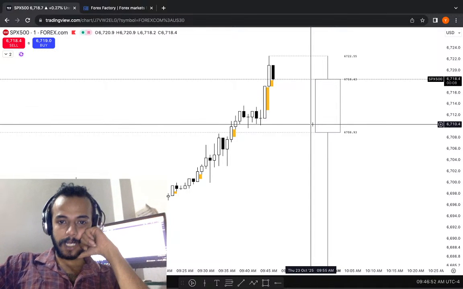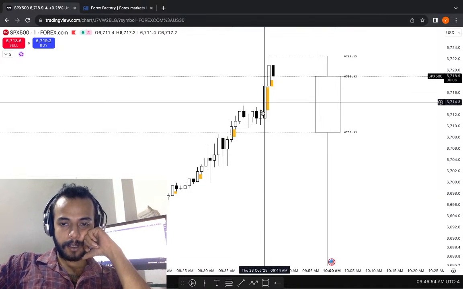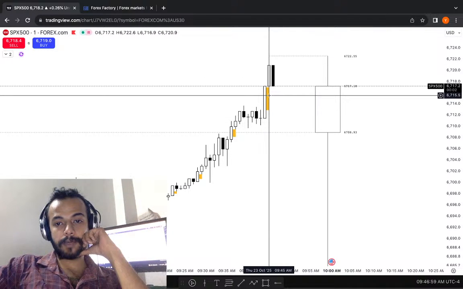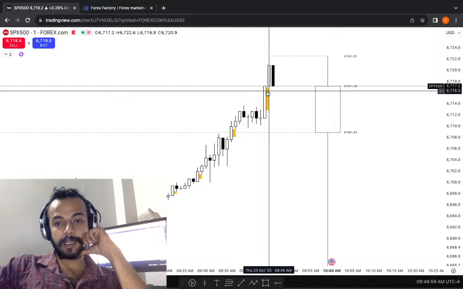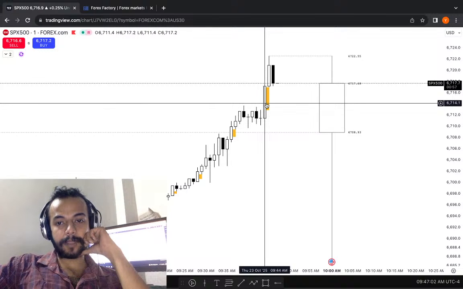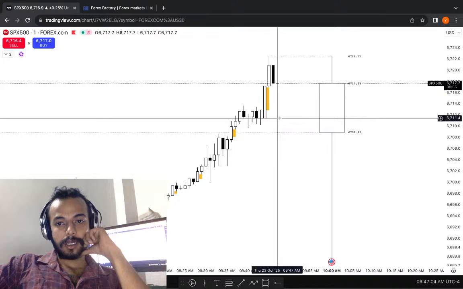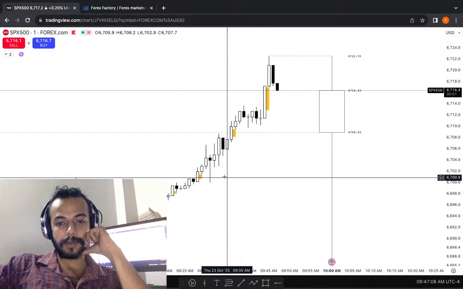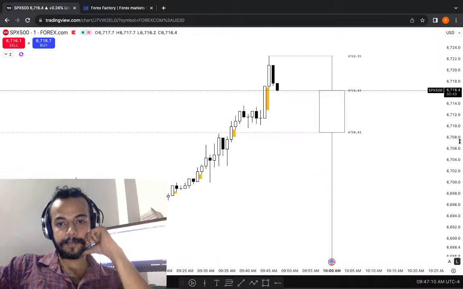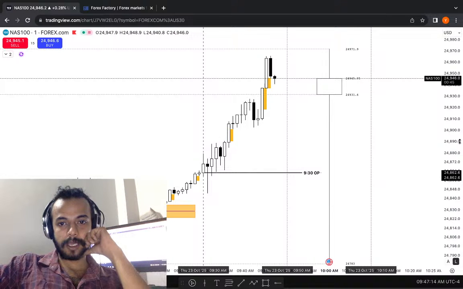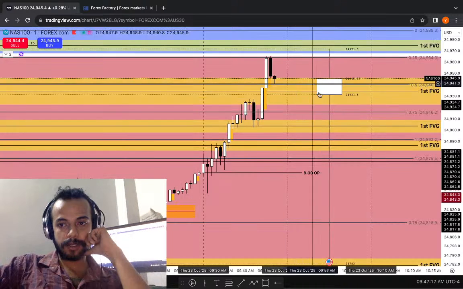Now in S&P, this gap, if they want to continue higher, they should not completely fill this. But if they completely break this gap on the downside, then this would act as the inversion to send the price lower into the sell side. Same with these.